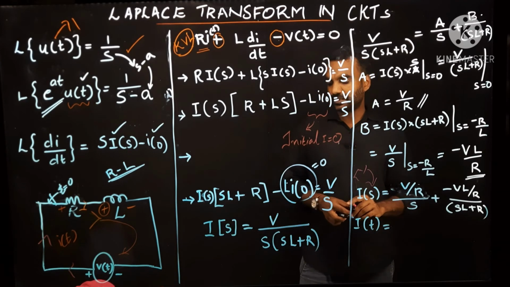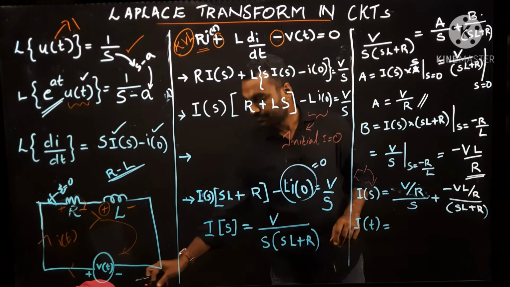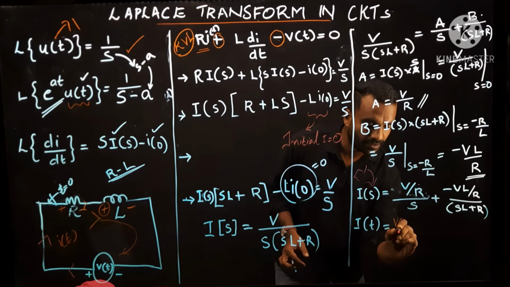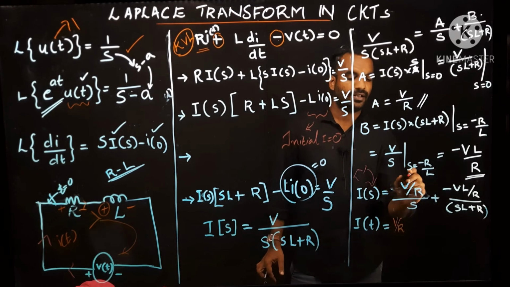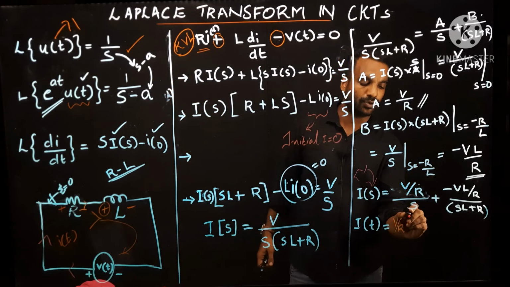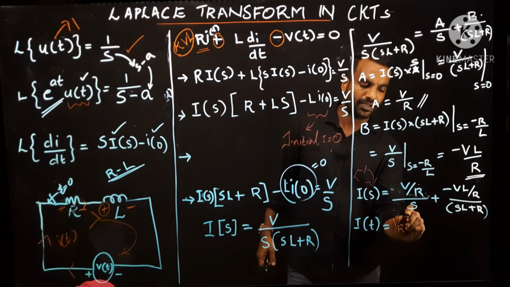V by R is a constant. V by R into 1 by S. What is the inverse transform of 1 by S? It is 1 or unity, U of t or 1, whatever.